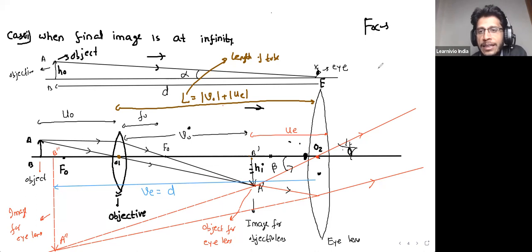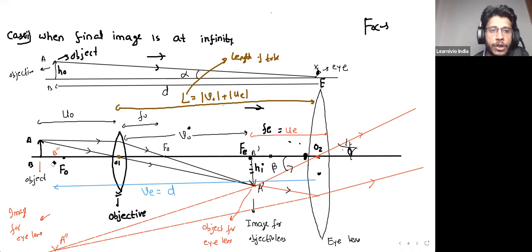So here the eye lens is producing an image at infinity. That means this A prime B prime, which is the image for the objective but the object for the eye lens, should be exactly at the focus of the eye lens. So this UE is now equal to FE.